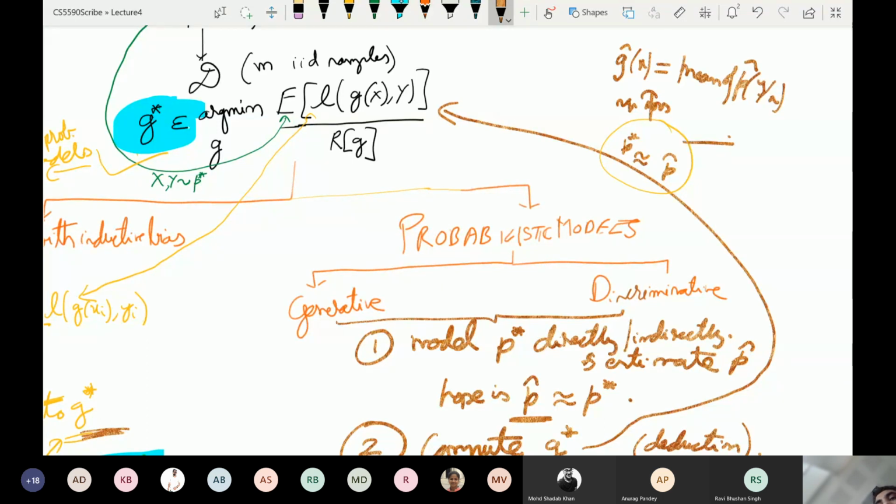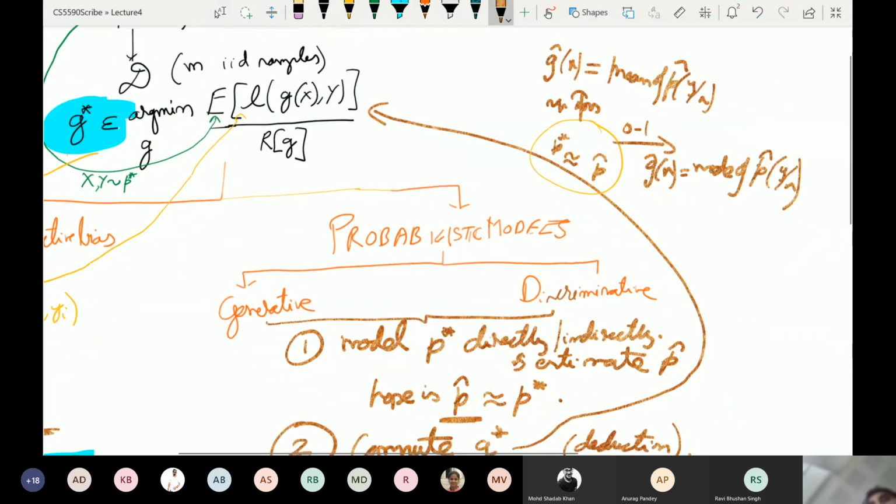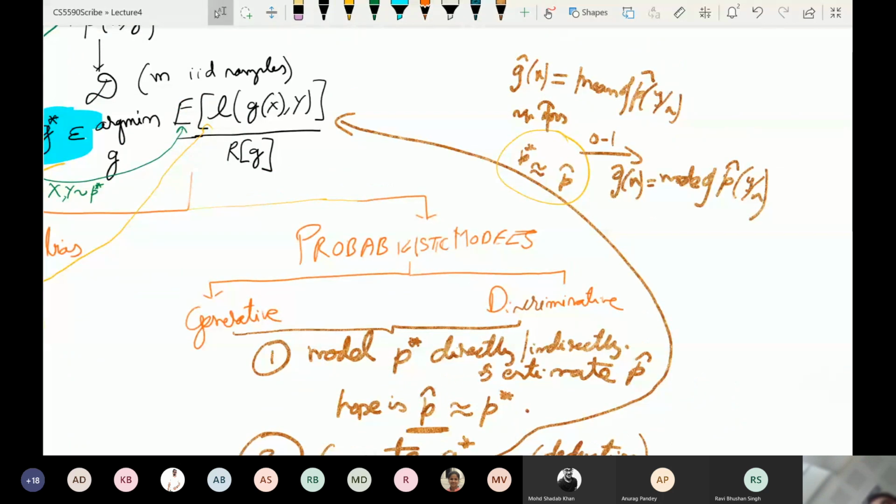And in case of 0-1 loss in classification, the Bayes optimal's estimate turns out to be the mode of P hat y given x, right? And then we commented that irrespective of the loss, invariably what you simply need is the posterior distribution, the posterior likelihood.